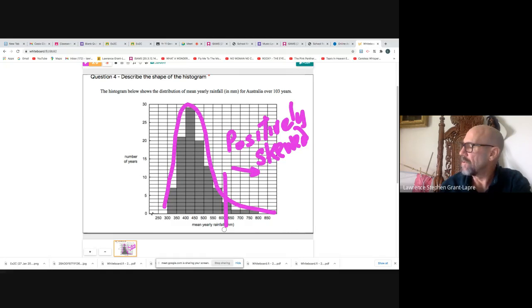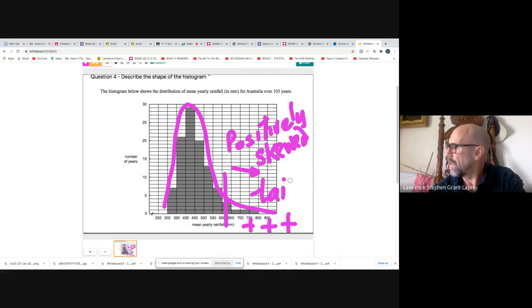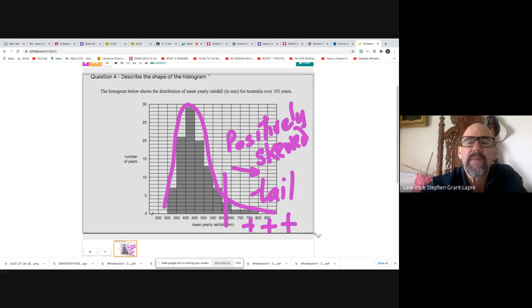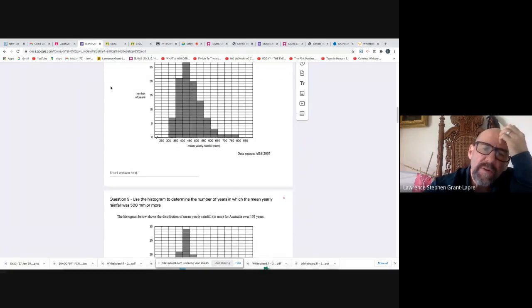But we do have some high values up here to make a tail. So we get a positively skewed result. So you just had to say positively skewed.